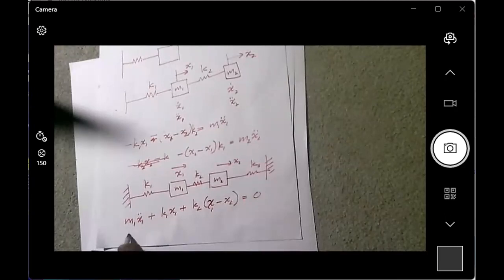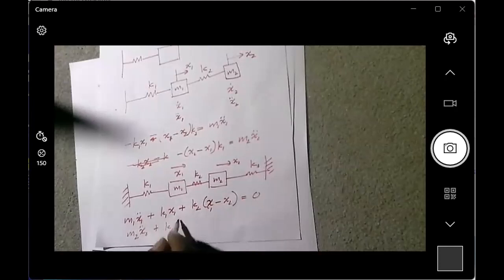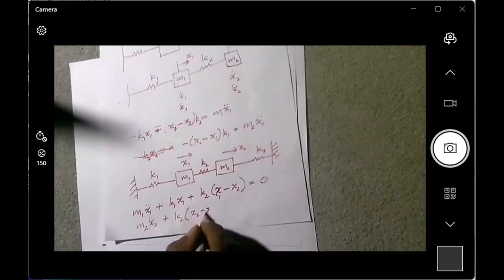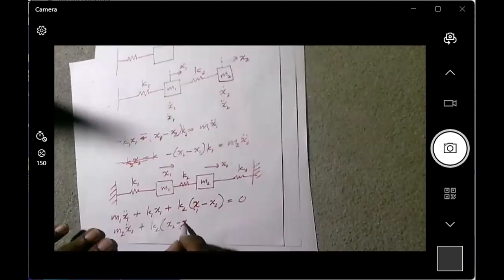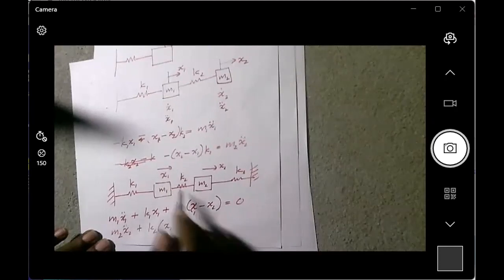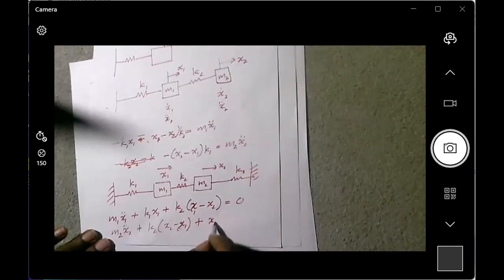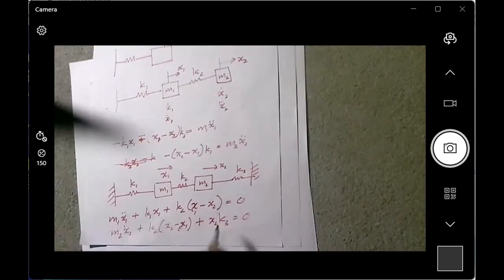And then for the other mass, m2 x2 double dot plus k2 (x2 minus x1), which is the spring force from k2, and x2 into k3, right? There is an additional term due to the last spring. Were you able to write this one?